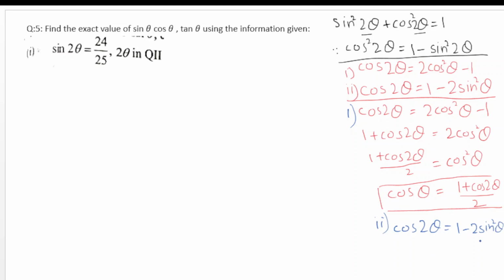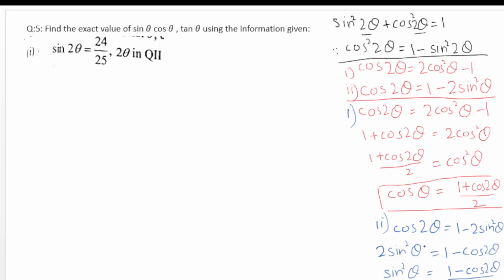I will transfer 2 sine square theta to the other side, so 2 sine square theta will be positive, and transfer cos 2 theta to the other side. When we transfer 2 to the other side, it is going to divide. In the same step, I will take the square root as well. So 1 minus cos 2 theta by 2.